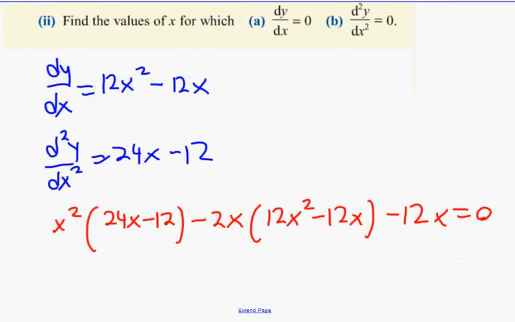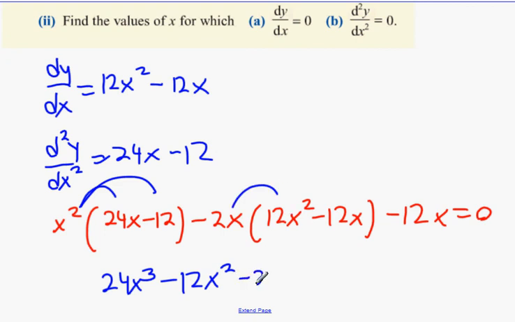Now what we get here, guys, is this. x cubed times 24x, that's 24x cubed. x squared times minus 12, minus 2x times minus 12x squared, minus 2x times minus 12, plus 24x squared.